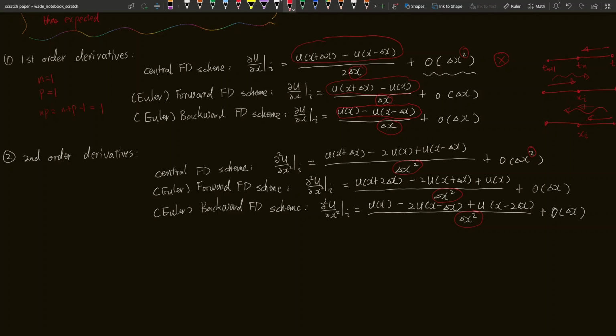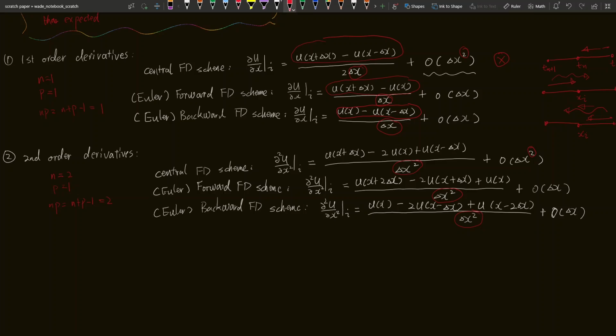However, the central scheme is different. You cannot apply a central scheme with only one neighboring point. So you need two neighboring points, and you also have to upgrade your order of accuracy to 2. The same thing applies to the second order derivative. For example, we have n equals 2 and p equals 1. So the number of neighboring points, n plus p minus 1, equals 2.